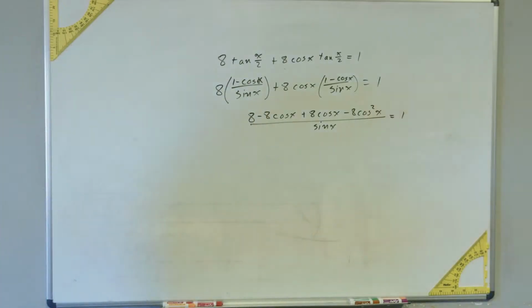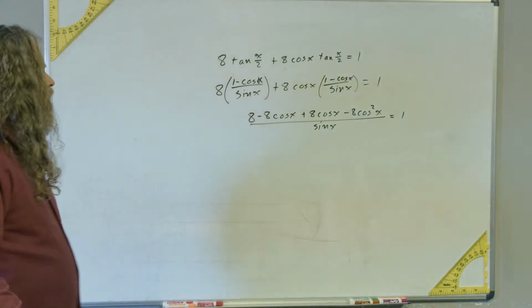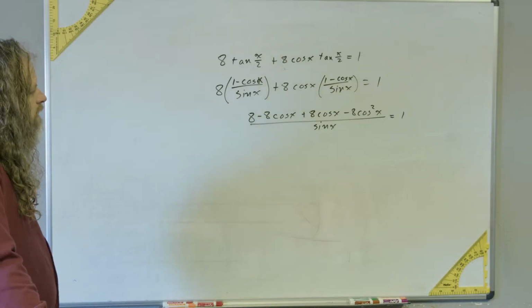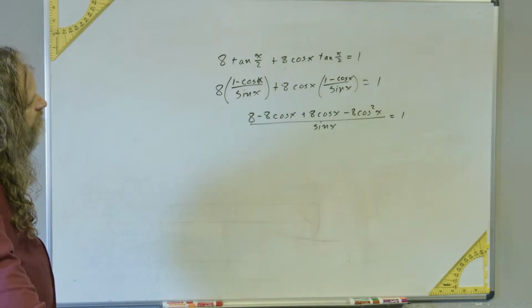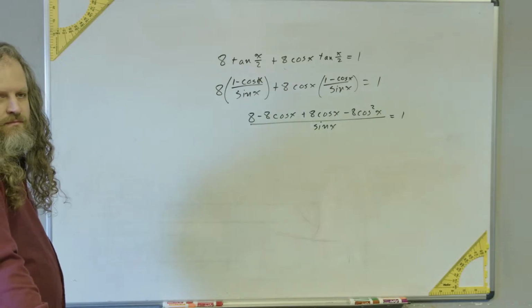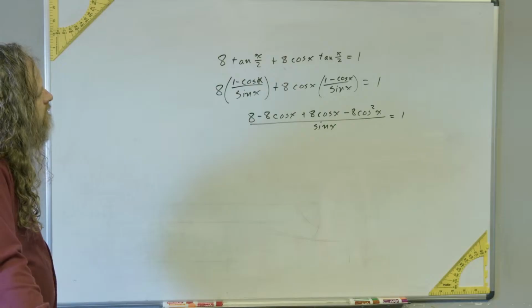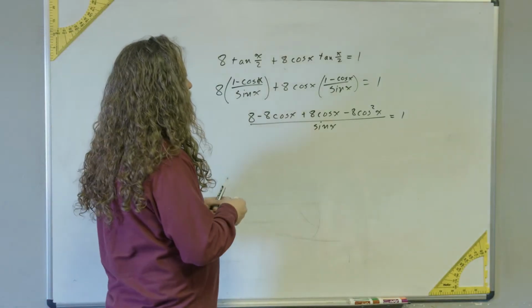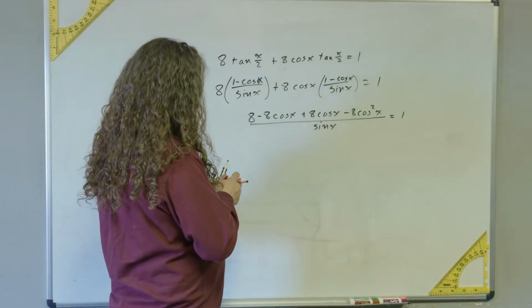Half tempted to go ahead and multiply both sides by sine x, get that out of the denominator, which would be a possible next step. Look, those cancel out. Those cancel there, and then you just get 8 cosine squared x plus 8 equals sine x.